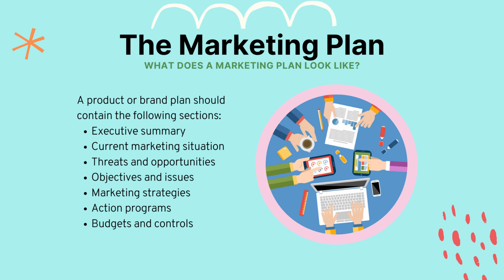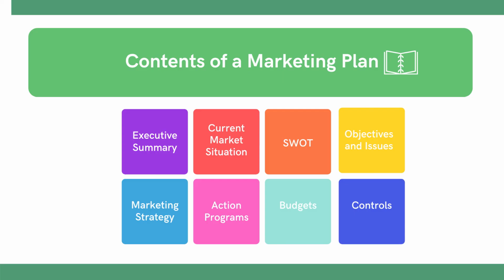But a product or brand plan should contain the following sections, again, if it is required. We have the executive summary, current marketing situation, threats and opportunities, objectives and issues, marketing strategies, action programs, and budgets and controls. Okay, so again, it's basically all of the information and all of the research that we made before, but we're going to put it into a formal plan.